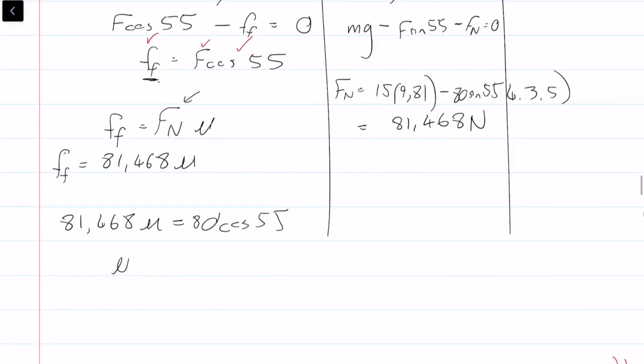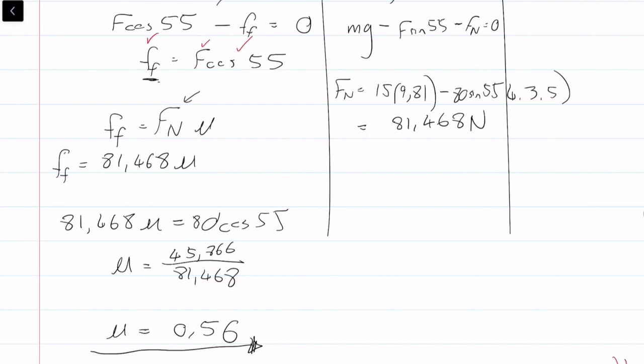Then we just solve for mu. Mu is equal to 45.866 over 81.468. And so mu is equal to 0.56. And what are the units? No units. Good stuff. So that's our final answer.